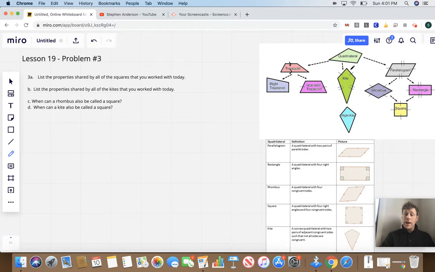Then we looked at kites. Kites are interesting because they're also quadrilaterals with four sides. However, they're a little bit more specific. These shapes have adjacent side measures. This measure and this measure, these two lines, are going to be the same length.